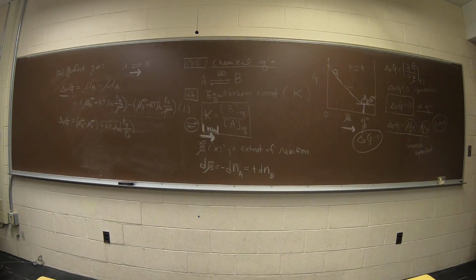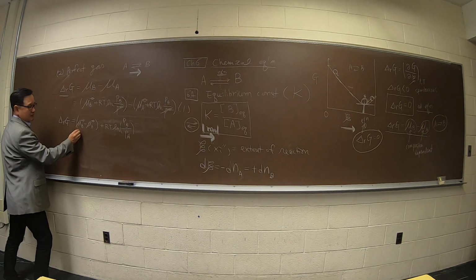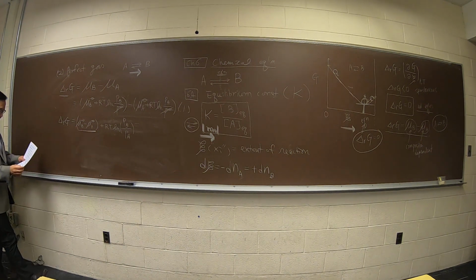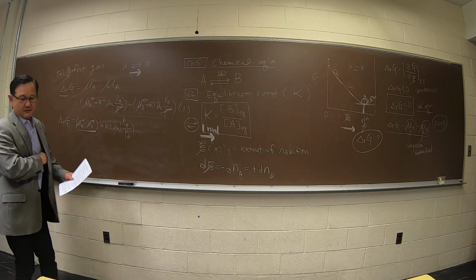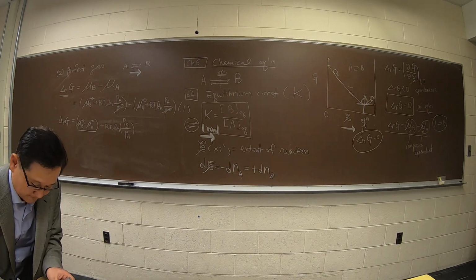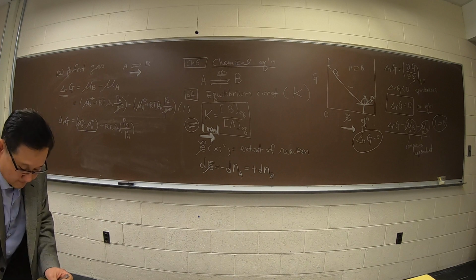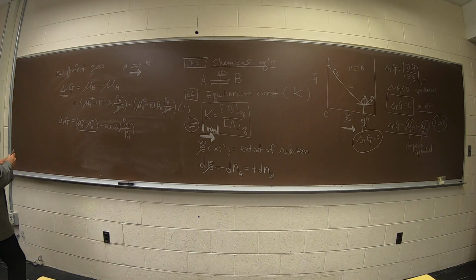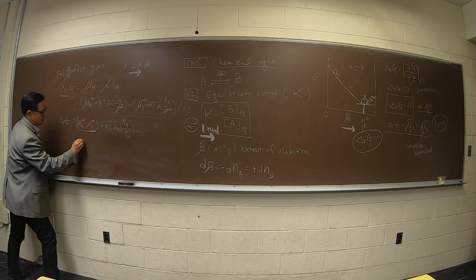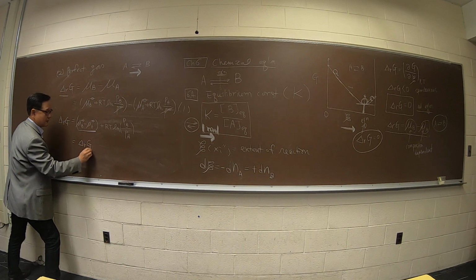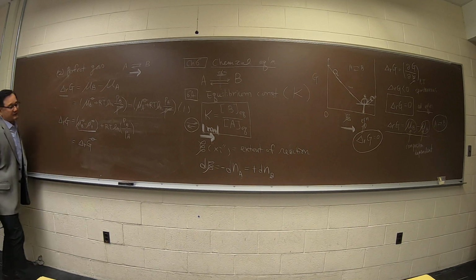And then, I want to redefine this one. I think I have a typo here. We are going to rename this one as delta R G at standard state.